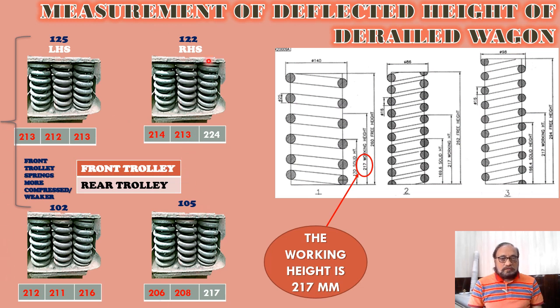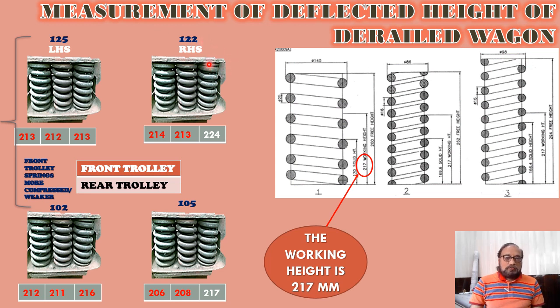Further, if we go in for the bolster clearances, on the rear trolley we have 105, 102. On the front trolley we have 125, 122. Means 17 millimeter more on the front trolley.